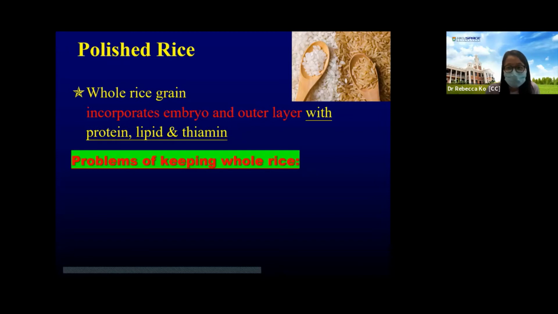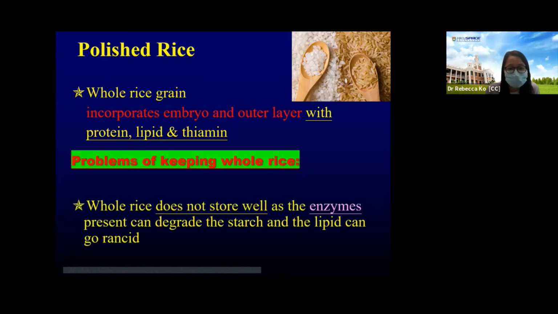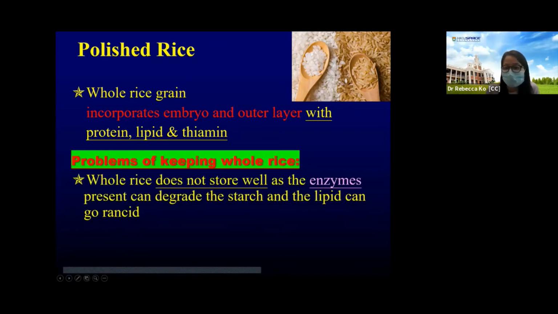Then you may ask, why not just keep it as whole rice? But what's the problem of keeping whole rice? Whole rice does not store well, because the enzymes present will degrade the starch and the lipid can go rancid. So that's why it can't be kept for a long time.